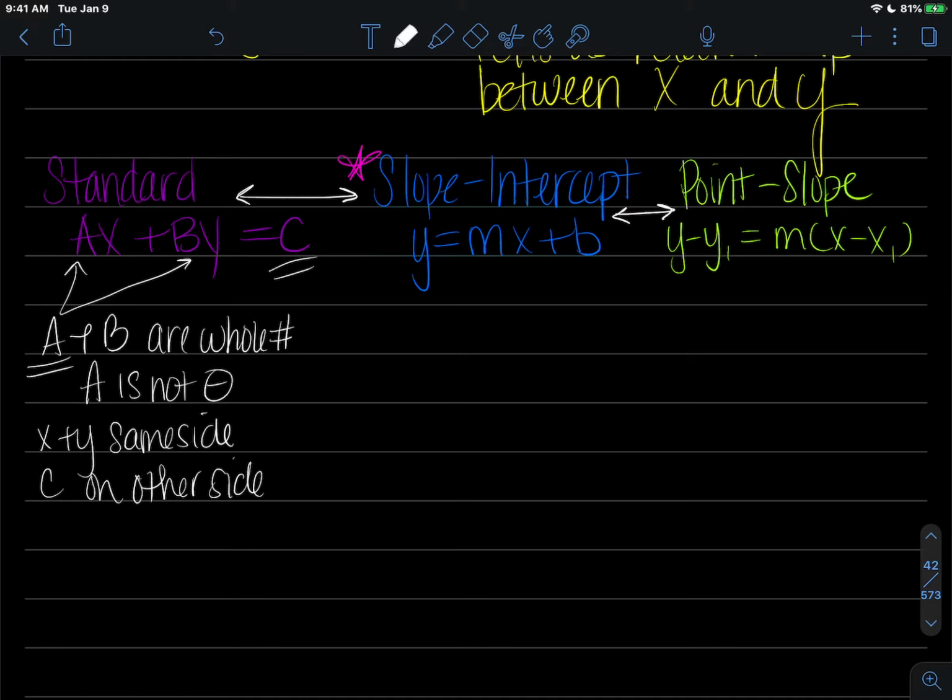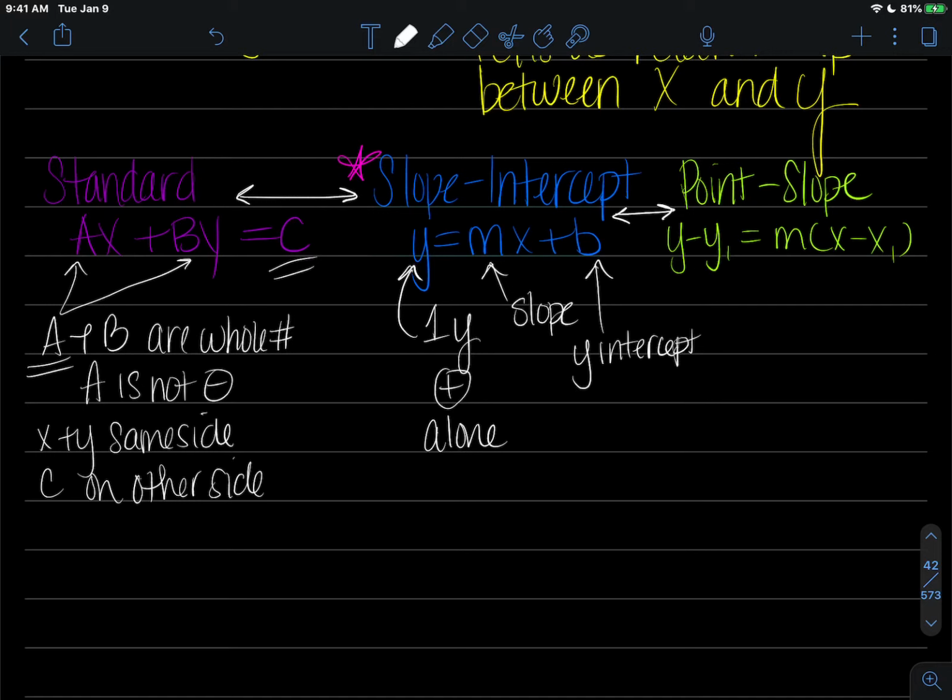Let's talk about that one. So this y here, it's always one y, always positive, and always alone. Always. Okay? This guy is called my slope, and this is called my y-intercept.